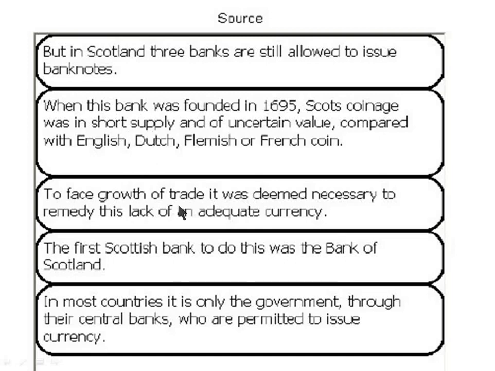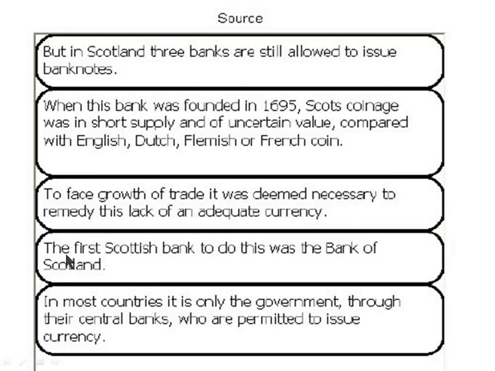To face growth of trade, it was deemed necessary to remedy this lack of an adequate currency. So this lack means there must be an explanation of some lack of adequate currency in the previous paragraph. So this is not an independent sentence.